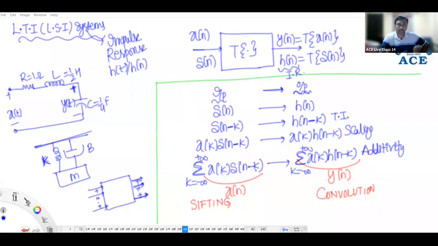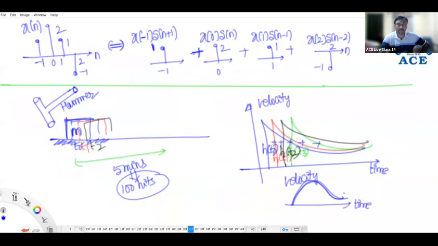I am moving to the next slide. Just go through it. Shifting property. Here I explained any signal can be produced as a sum of individual impulses.